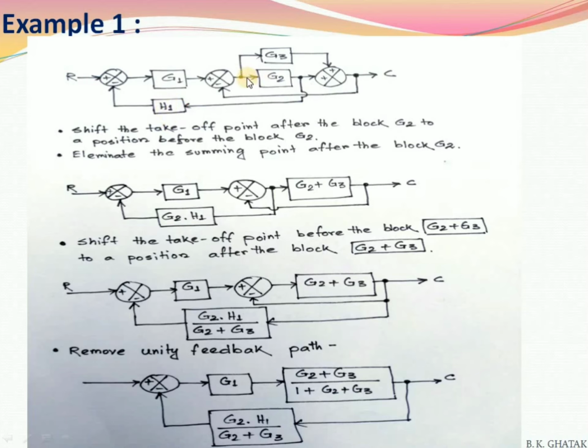Clear? And 3 takeoff points, one before G2, another after G2, and another from the output. Clear? So how do we solve this one? First of all, shift the takeoff point after the block G2, this one.